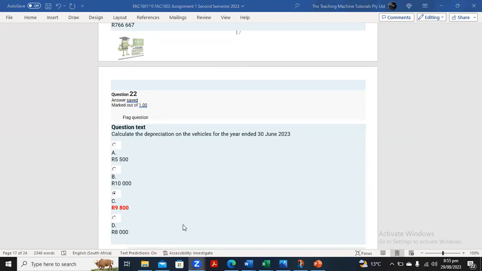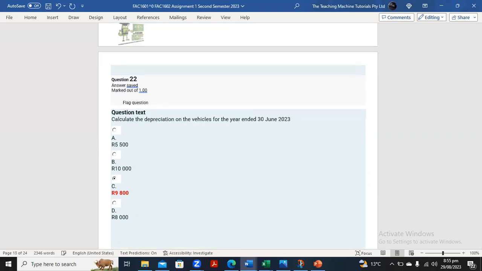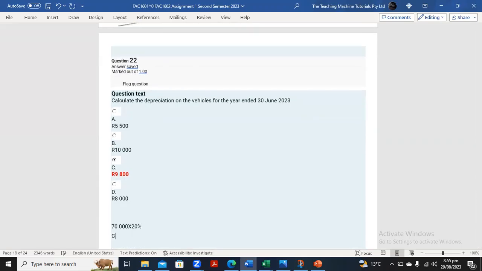So guys, that is the difference between the straight line method and the diminishing. If it was straight line method, then we would have said 70,000, which is the cost price, multiply 20%. But because it's diminishing, you say cost price minus accumulated depreciation equals carrying value.